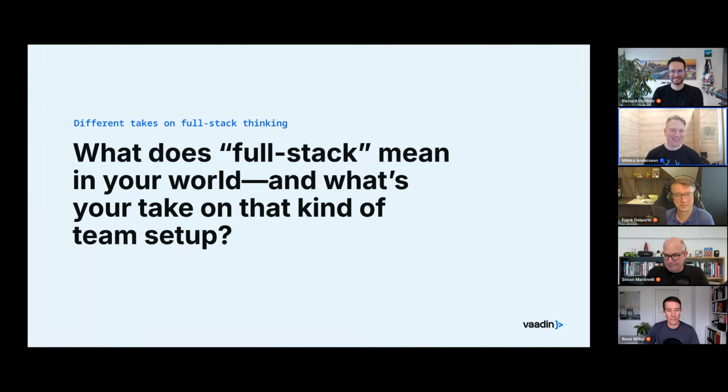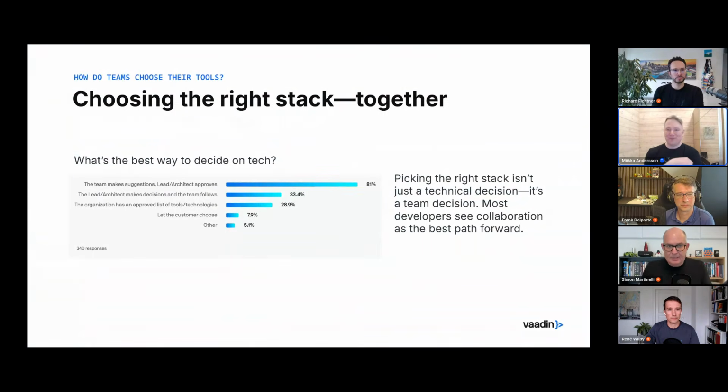Cool. All right. That was really, really interesting. So talking about better together, choosing stacks and technology in general, we asked how people prefer to choose stacks, and what process they go through when choosing technology for their projects.